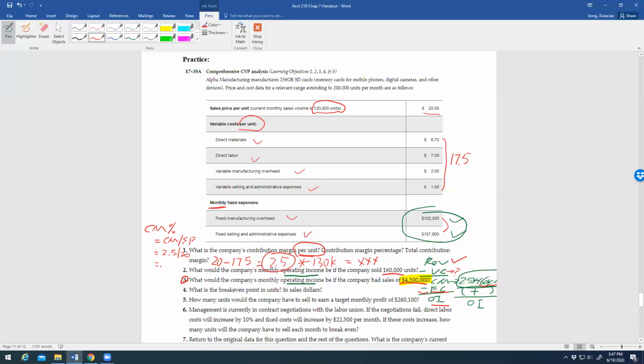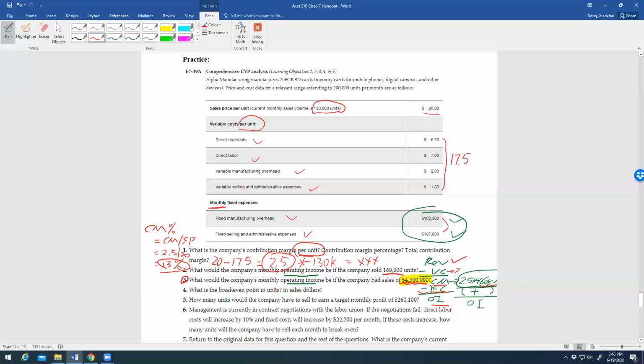You get 12.5%, but your textbook rounded to 13%. So your textbook got this contribution margin percentage first, 13%. And now it tells you your total revenue is 4.5 million, and your contribution margin is 13% of your revenue. So you can use 4.5 times this 13% to get your contribution margin.